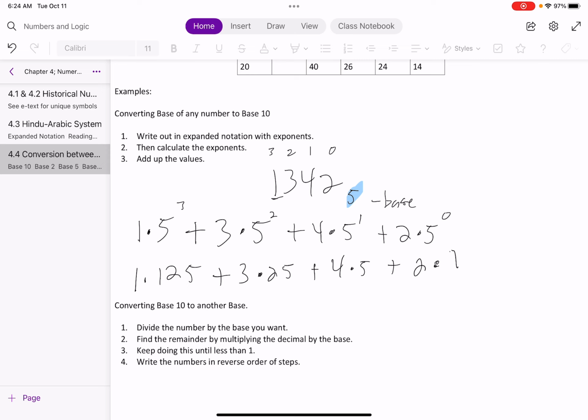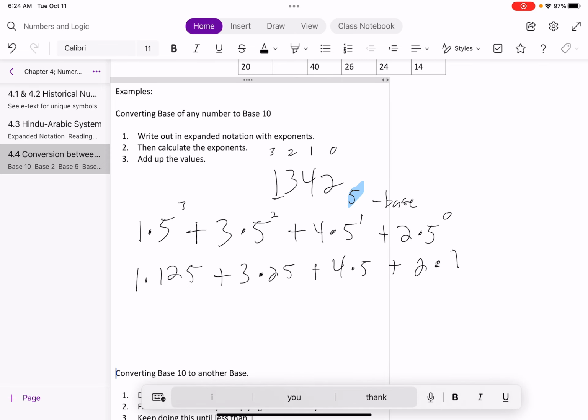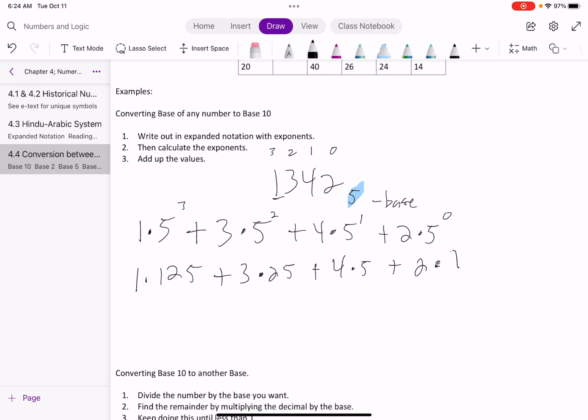Give me a sec, I've got to move my notes down so I don't write over them. And now we can do the multiplications. So I get 125 plus 3 times 25 is 75, plus 4 times 5 is 20, plus 2 times 1 is 2.